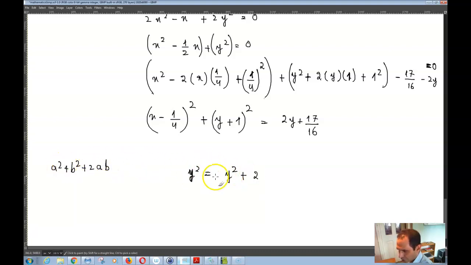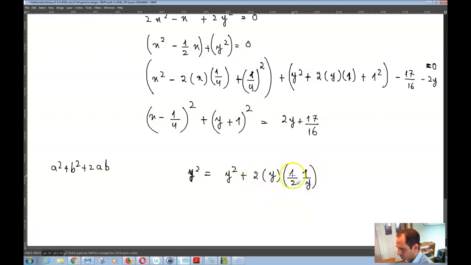So I can write y squared plus 2 times ab as plus 2 times y. I have to write this over here because my a is y here, and I can take my b as 1 by y. Probably that would work out.